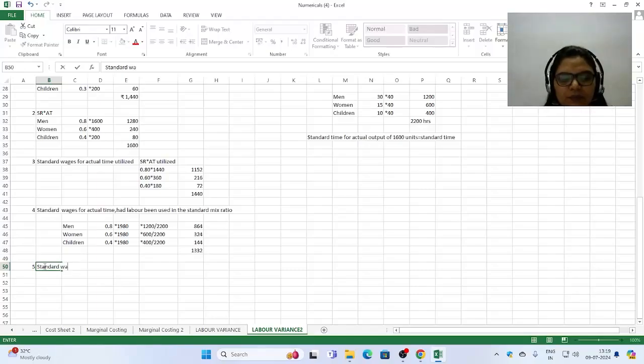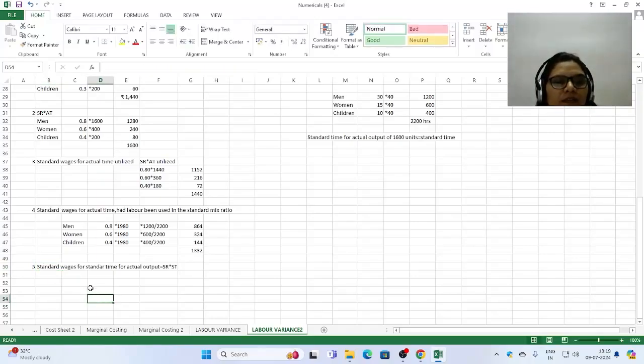Standard wages for standard time for actual output is equal to SR into ST. So in that particular case, standard time into standard output.